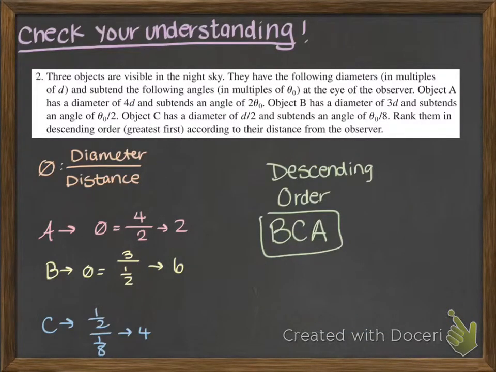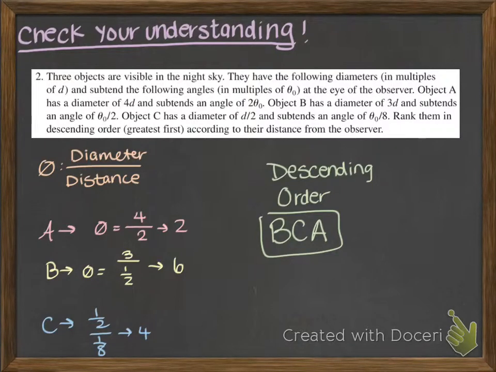Now let's check our understanding. If 3 objects are visible in the night sky and they have the following diameters, 4d with angle 2 theta, 3d with angle theta over 2, and d over 2 with angle theta over 8, they want us to rank them in descending order according to distance from the observer. Like I said before, theta equals S over R, or diameter over distance, so distance is diameter over angle. The diameters for A would be 4, for B would be 3, and for C would be 1/2.